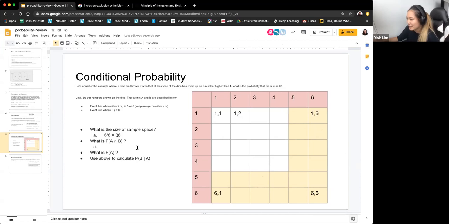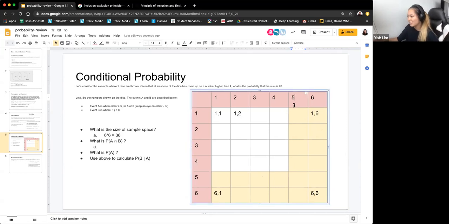Now, how many of those add up to 8? That requires a little bit more thinking. There's a 5 or a 6. What with 5 makes 8? We want to look for 3 and 5, and 2 and 6. Similarly, we want 5 and 3, and then 6 and 2.